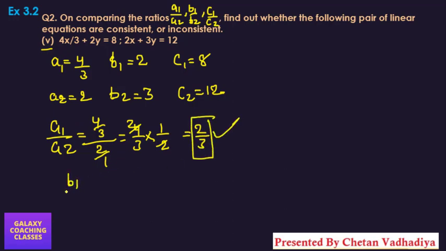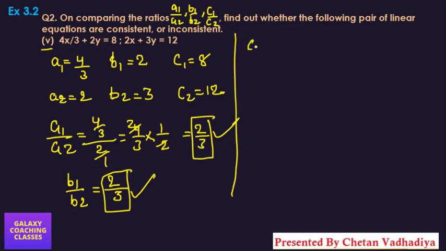Now b1 upon b2 is already 2 by 3 only. So that is also 2 by 3. Now c1 upon c2, guys, you can see here, 8 by 12. So again the same thing, 4 2s are, 4 3s are. Here also you are getting all the ratios same, guys.